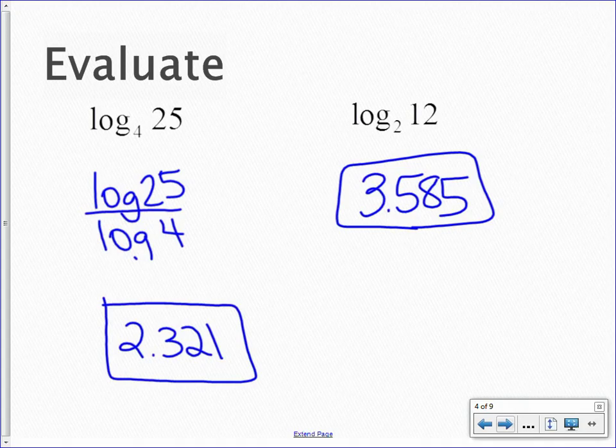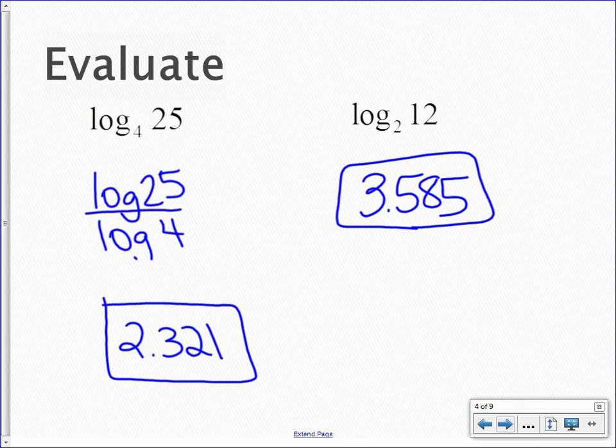Now, on Friday's quiz and on next Friday's test, these should be the problems that are like free points. Okay? Is this a hard thing to do? No. You need to remember how to do it though because these are easy points on your quiz and test.